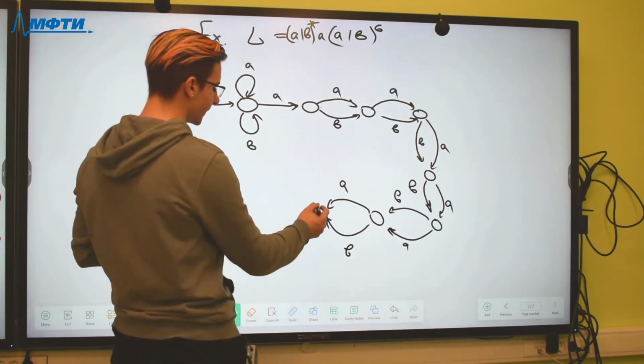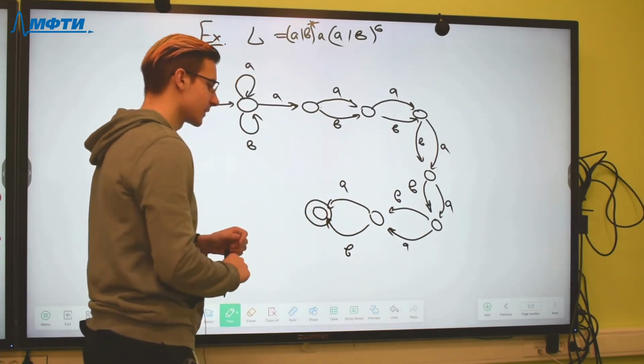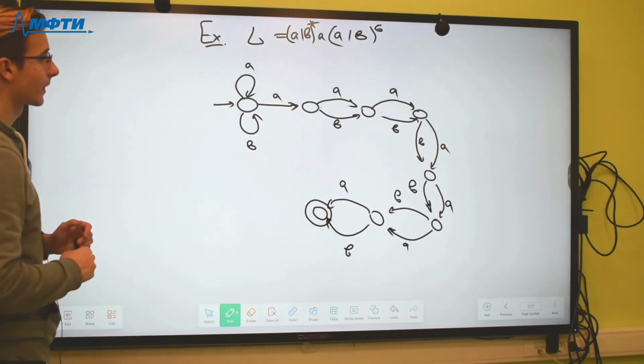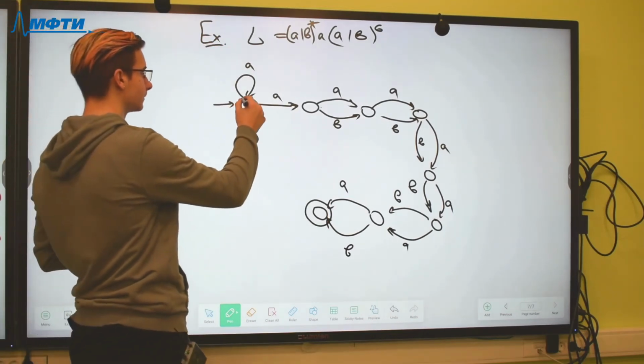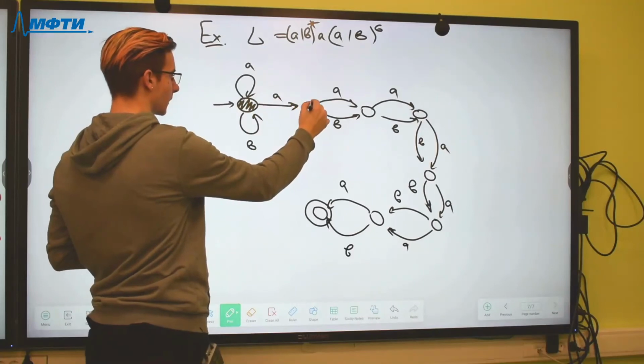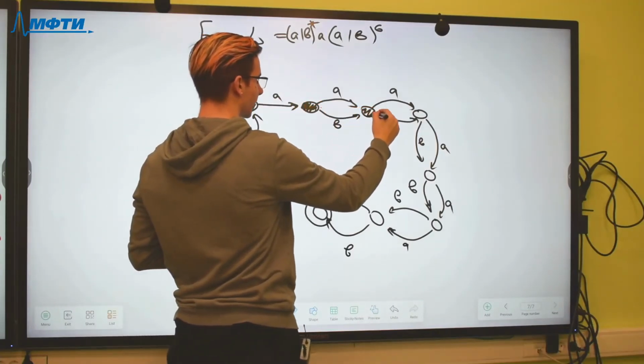Then we say that it is the final state of this automaton. These are the vertices of this graph.